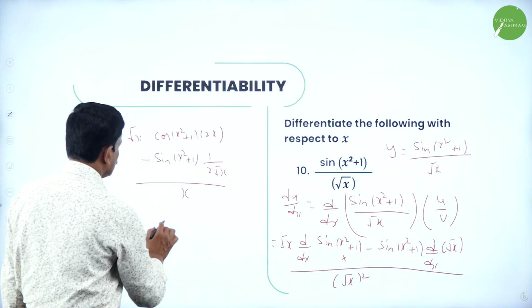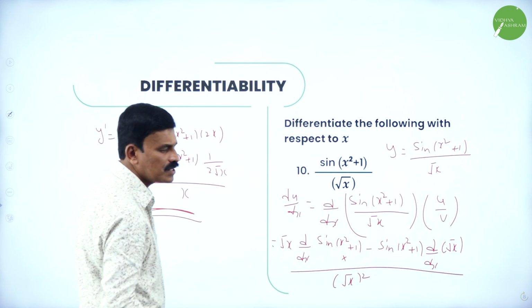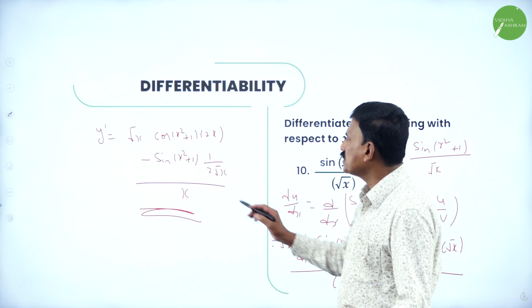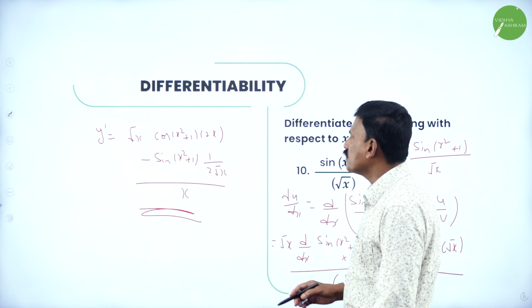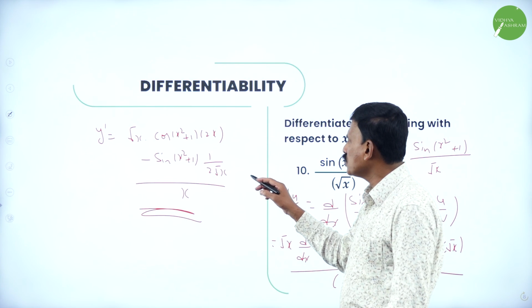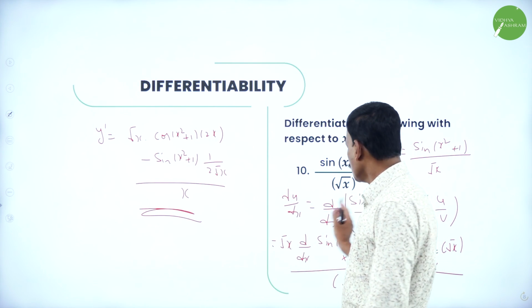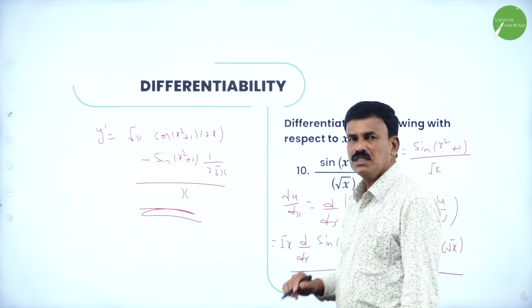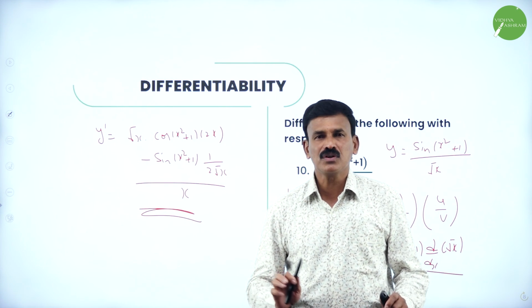So this is the simplified answer, that's it. So the derivative of the function is root x into cos of x square plus 1 into 2x minus sin of x square plus 1 into 1 over 2 root x, whole divided by x. Hope you followed all these problems.